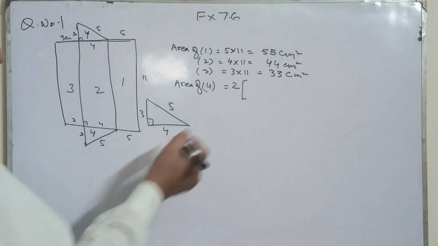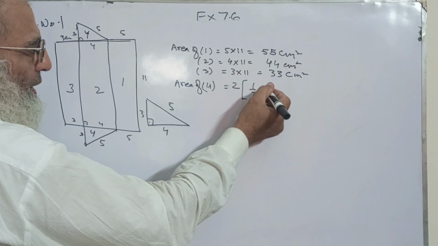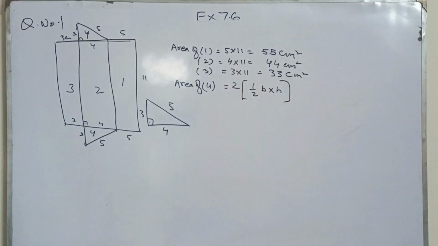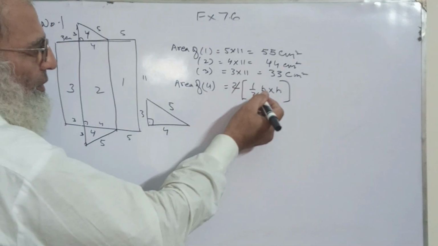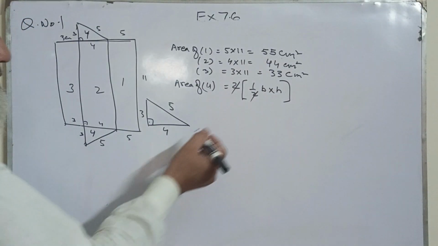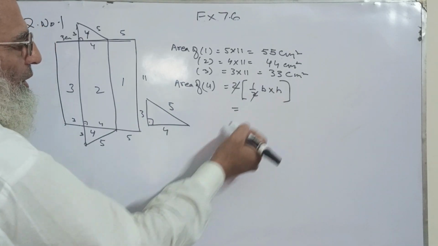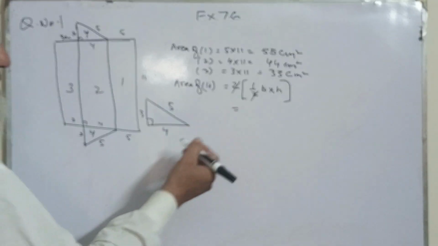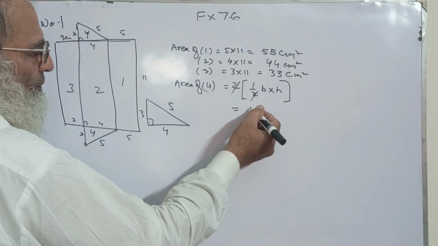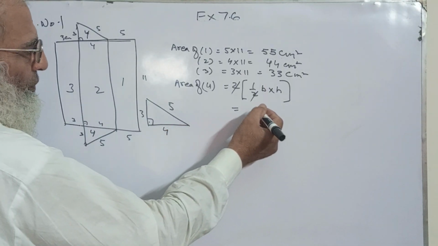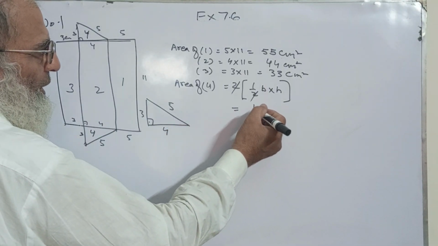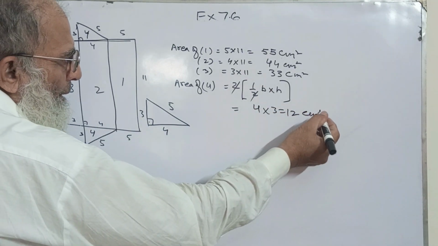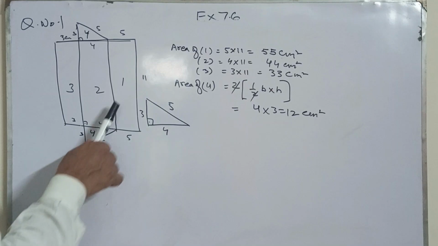Now, half base into height: this will cancel this one, leaving only base into height. Base is this and height is this. So it will become 4 multiplied by 3, which is equal to 12 centimeters square.